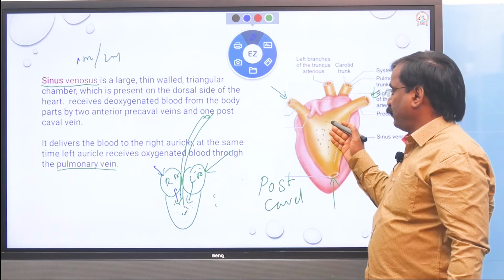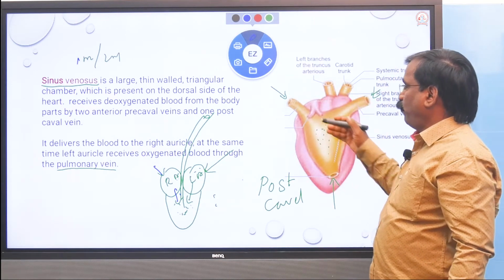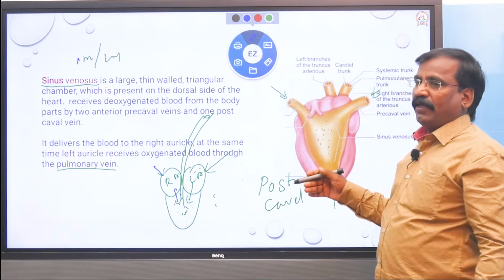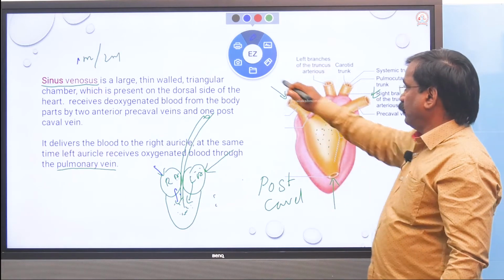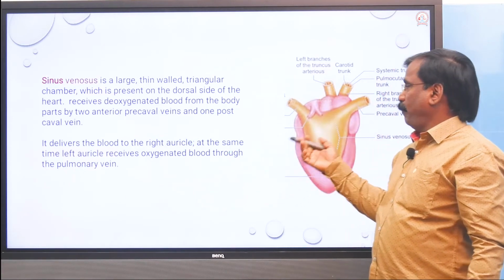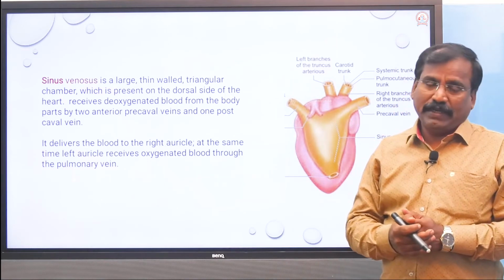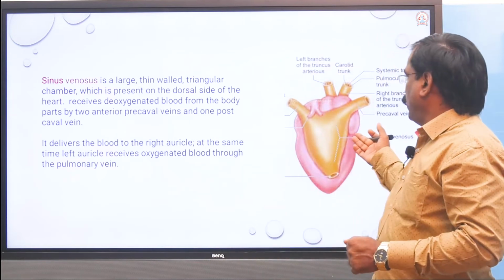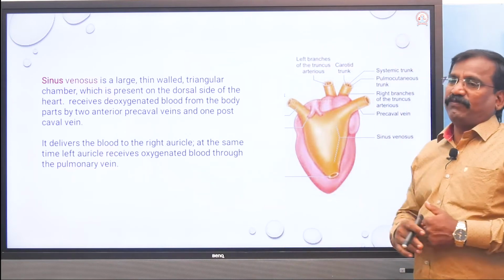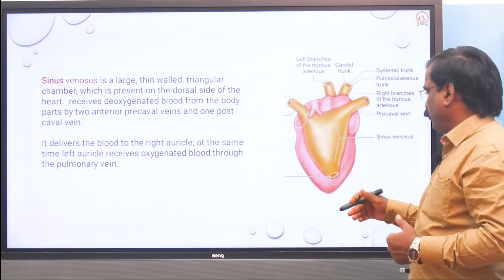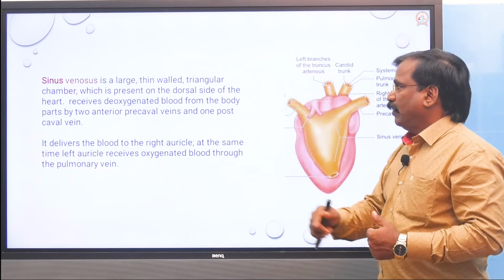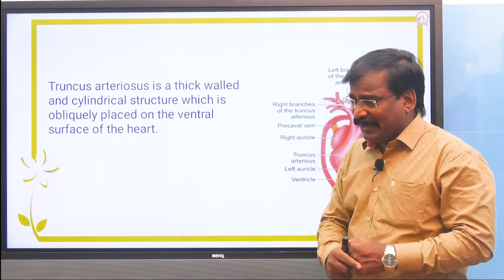Now, the sinus venosus, precaval vein, postcaval vein. It is very important: what is the role of the sinus venosus, where is it located, and what is its function. The next is Truncus Arteriosus.